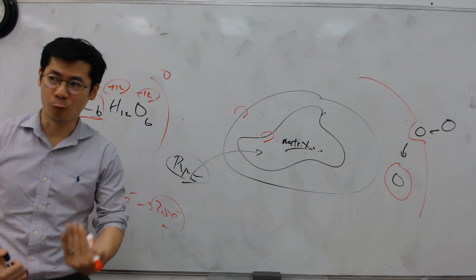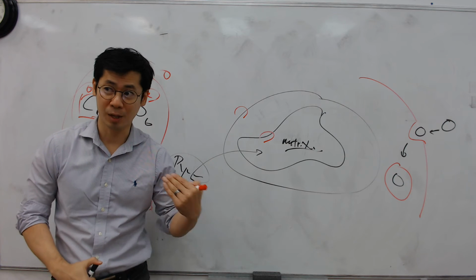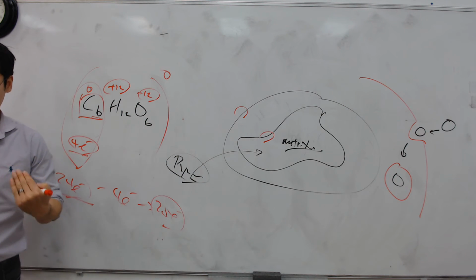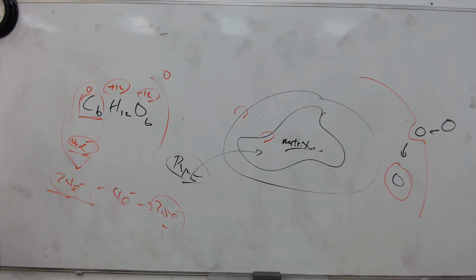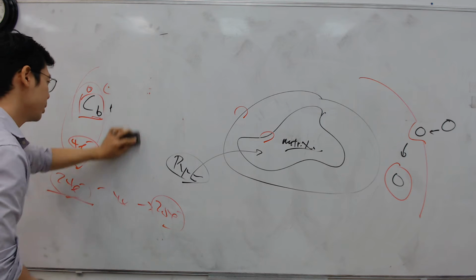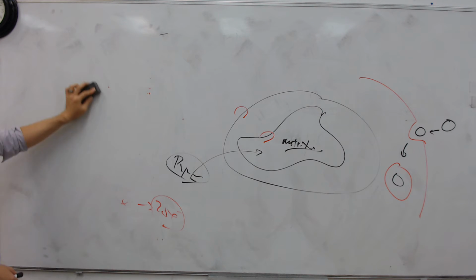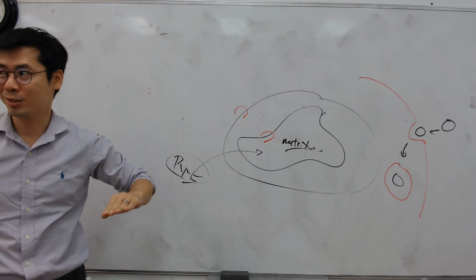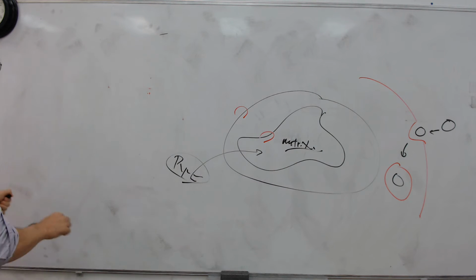Before they enter the Krebs cycle, you gotta know this, guys. This is all AP. If I think you don't need to know it for the AP, I'll say so. Before they get into the Krebs cycle, which is also called the citric acid cycle, there's a step, and this happens in the matrix.